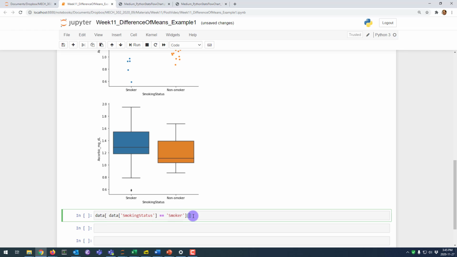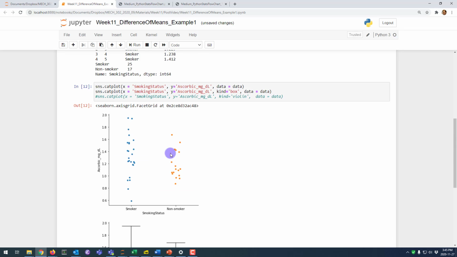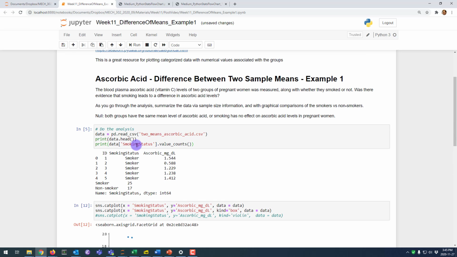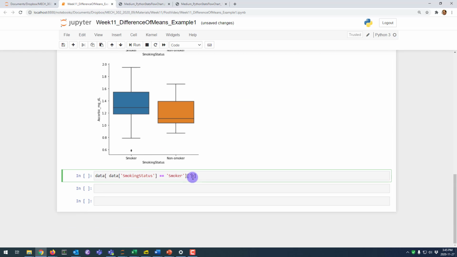And what we're going to do is just take the ascorbic acid column out of that. So I'll parse that in a second. There's our ascorbic acid. So let's actually do this. Just delete this temporarily.